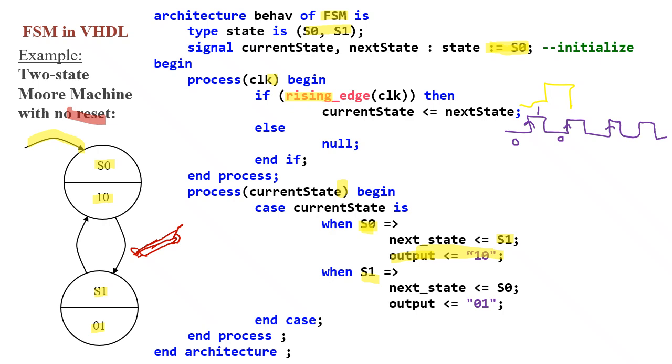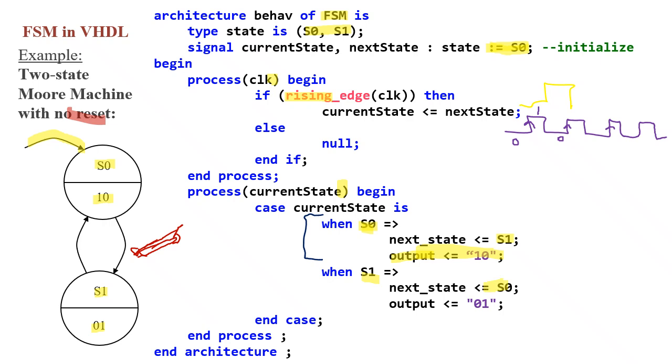Note that this part of the code, the when S0 until output here, will be repeated for every state in the diagram. So right after it, we're saying when S1, when the current state is S1, we make sure the next state variable stores S0.